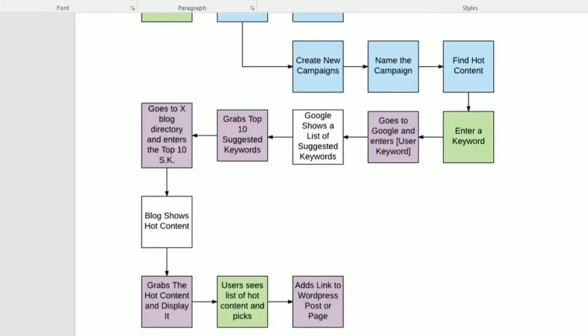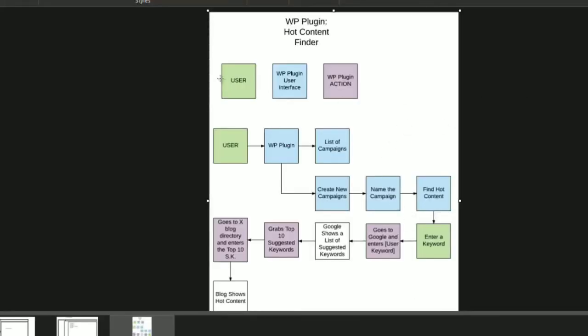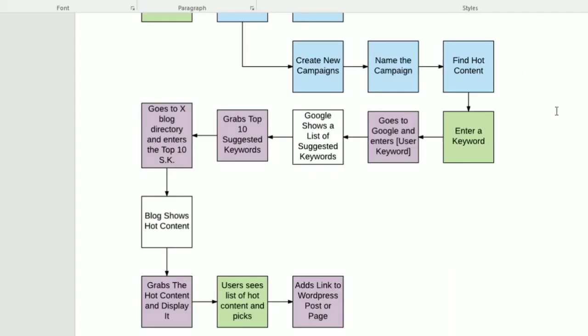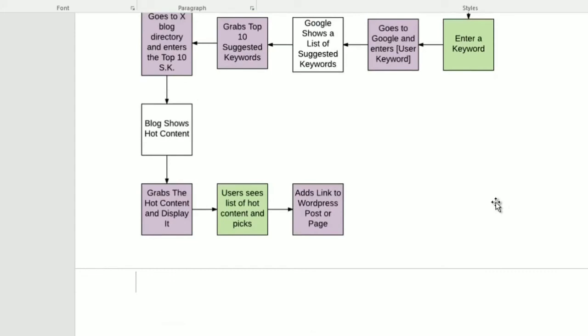So what I did just now was I just selected it all, and I'm using a PC, so I did Control A, Control C, and I'm just copying it directly. Another way that you could do this is save it as an image, and of course go in and insert the image into the Word document. So that's what I did here.